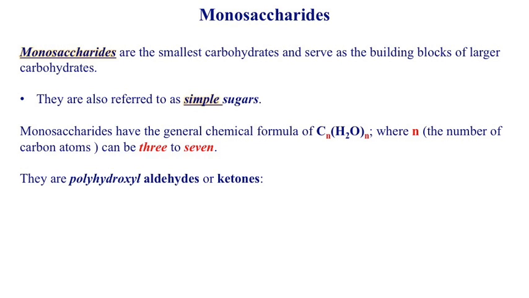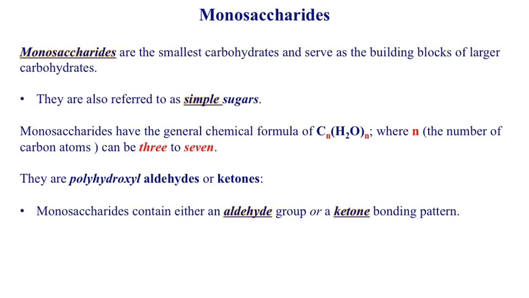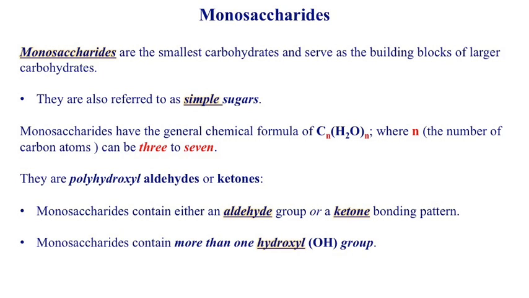They are polyhydroxyl aldehydes or ketones. Monosaccharides contain either an aldehyde group or a ketone bonding pattern. Monosaccharides contain more than one hydroxyl group. That's why we say polyhydroxyl.